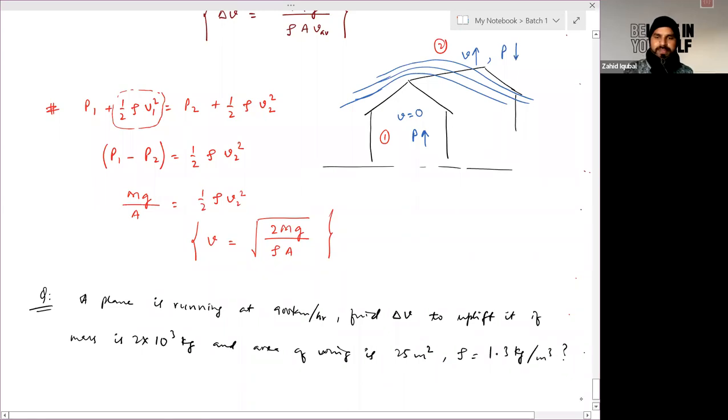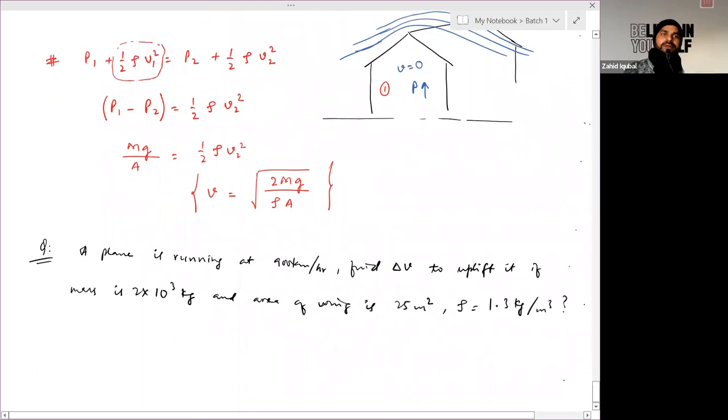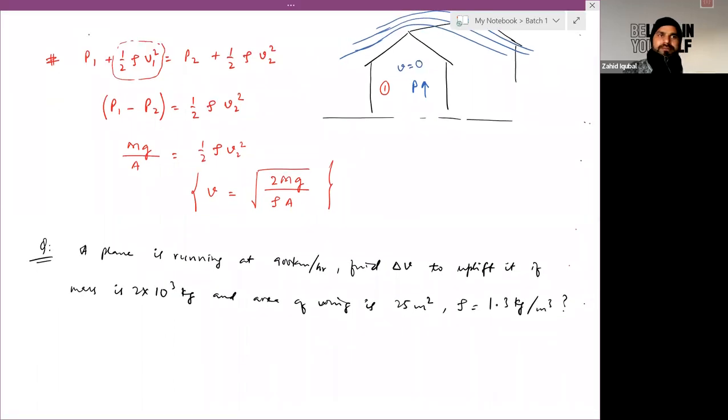Try to find this part using what I have derived above for the plane.